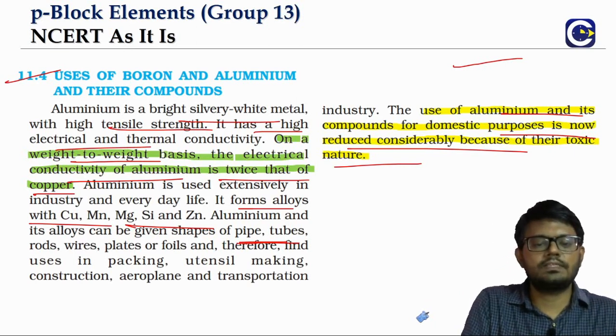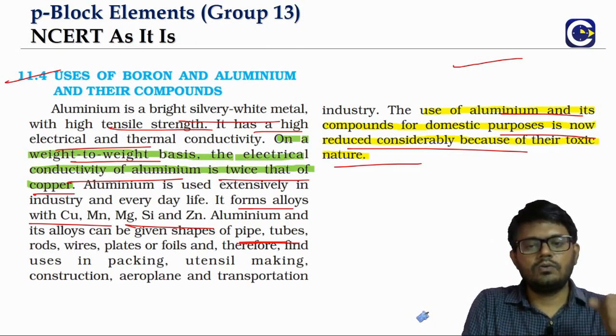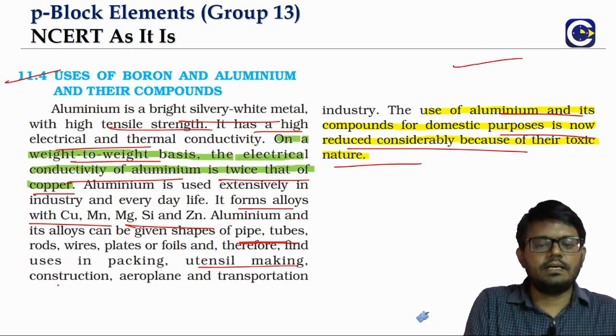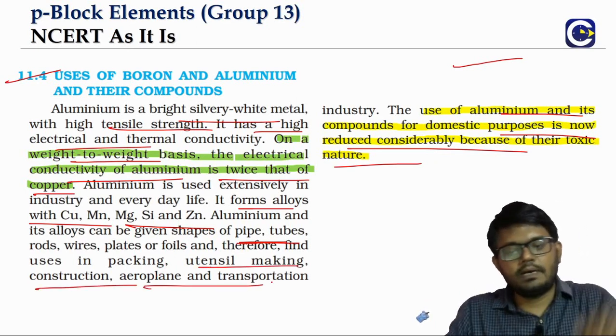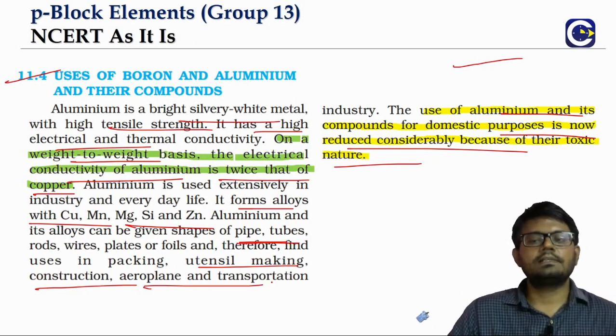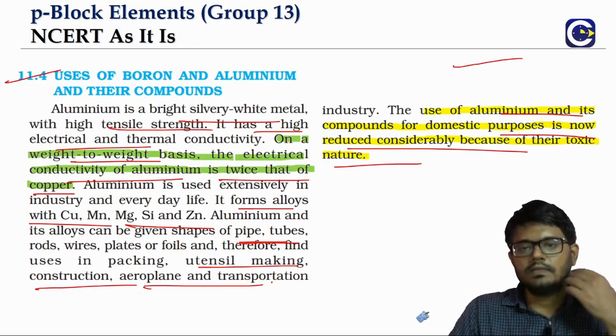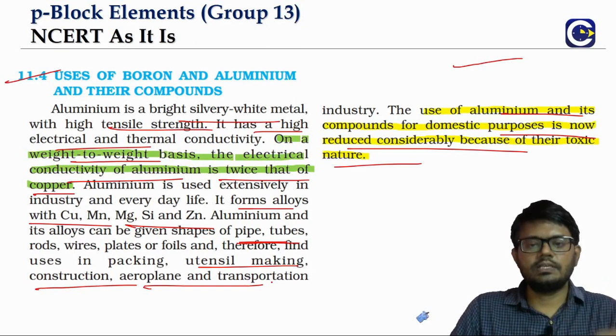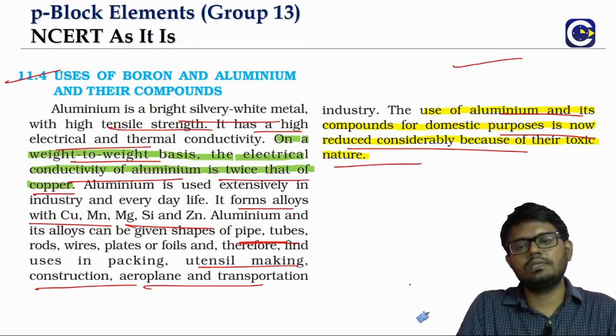Because of its high strength and less weight, aeroplane parts, utensils, even parts of construction and transportation can be manufactured using aluminum.